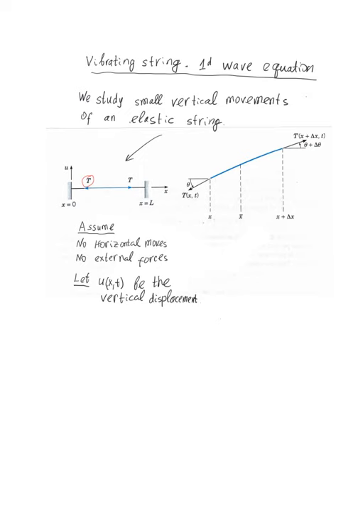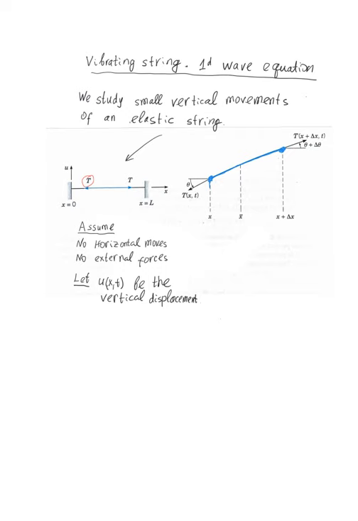Now let's consider a small segment of the string between the points x and x plus delta x. What forces act on this segment? There is a force coming from the tension on one side and the force coming from the tension on the other side.